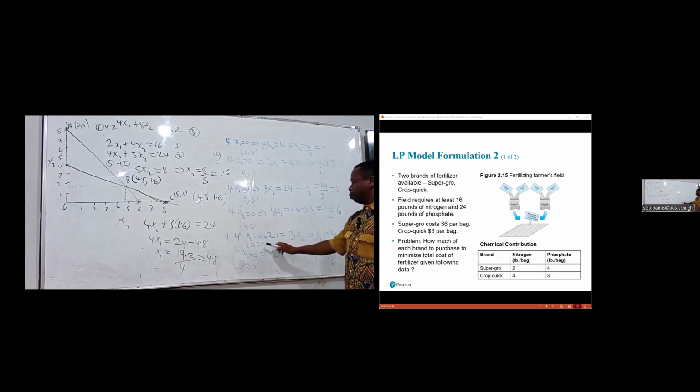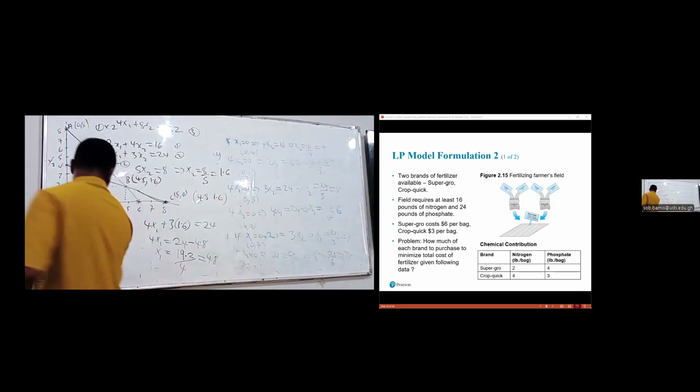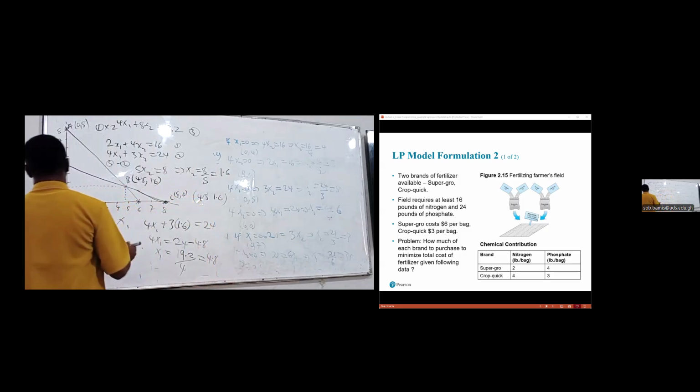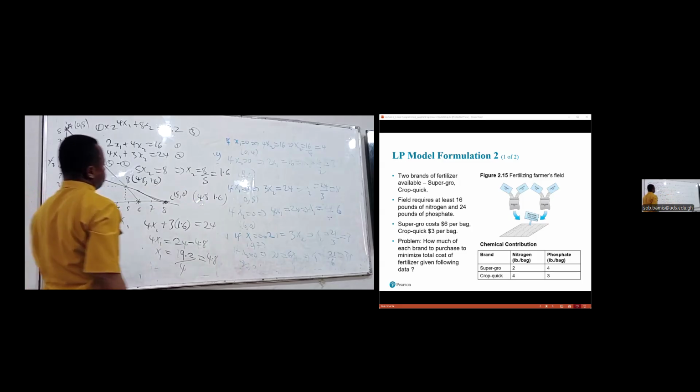That's this one. So it's the plotting I wanted us to do. So we got 0.7 and 3.50.